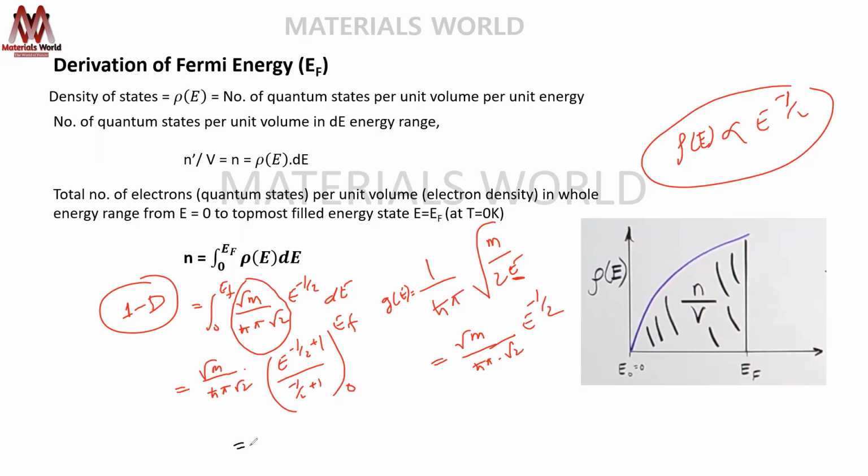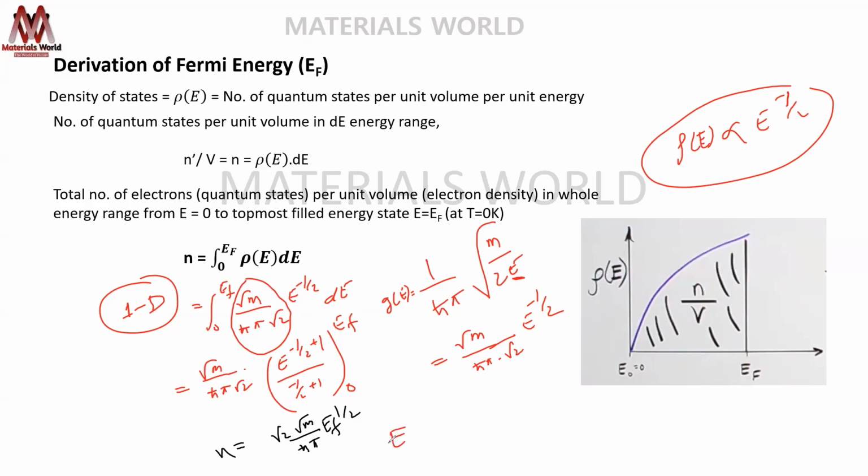After simplification, the root 2 cancels out with the 2, since 2 equals root 2 into root 2. So you get root 2 into root m by h cross pi, times EF to the power half. This is your expression for n.